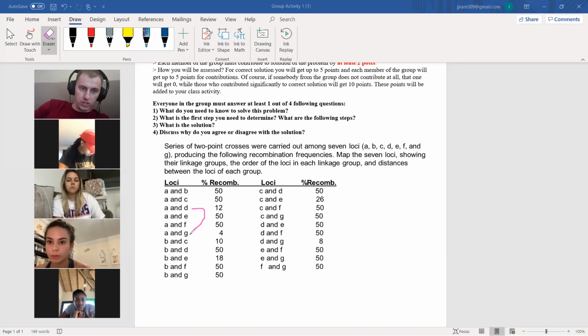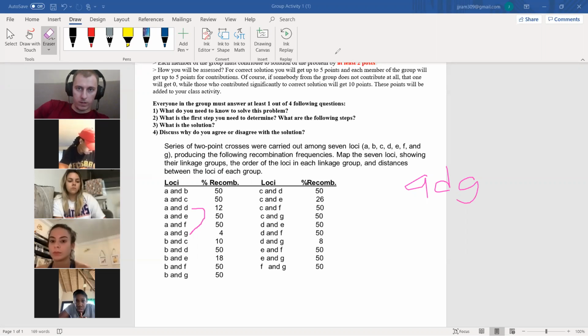A and D and A and G have a link, and I'm looking for anything else related to A, and A isn't linked with anything else. So I have a linkage group right now of A, D, and G. I don't know the order of them yet. I'm going to find my other linkage group real quick, and then I'll come back to solving this. But I know A, D, and G is one of my groups.